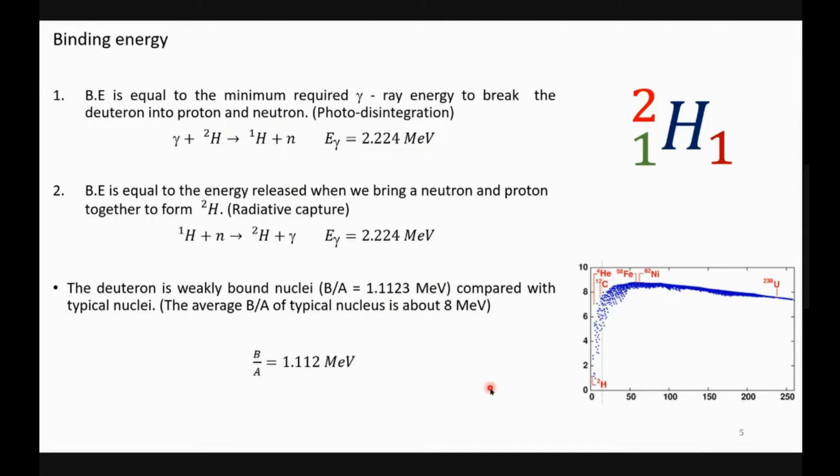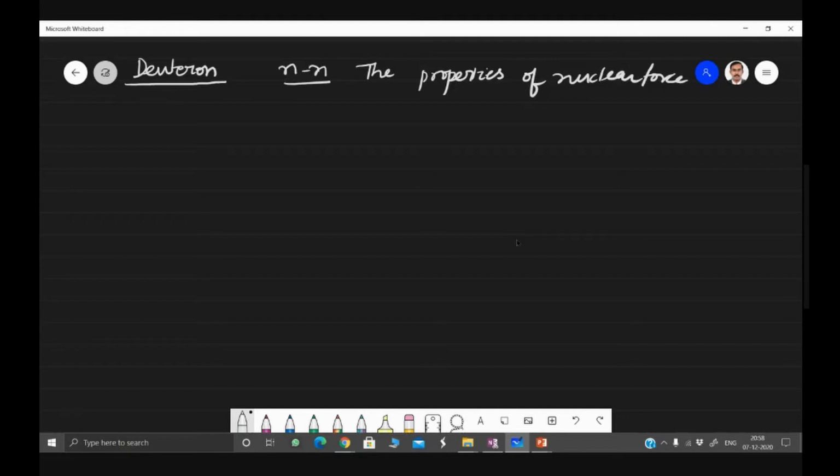And then the other measured properties, as I have stated earlier, the deuteron has a measured spin of +1. Let me write down. So binding energy of the deuteron is 2.224 MeV. The measured spin of the deuteron is 1.